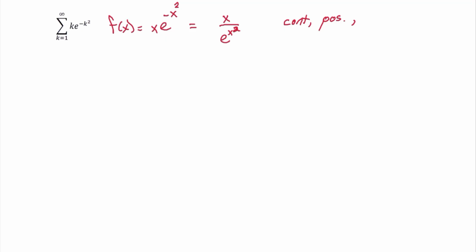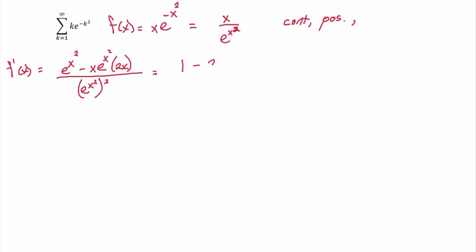And for decreasing, let's again take the first derivative. So f prime, we have e to the x squared times 1 minus x e to the x squared times 2x. All of that is divided by e to the x squared quantity squared. It looks like we have e to the x squared in the top and bottom. We can reduce that to get 1 minus 2x squared divided by e to the x squared.